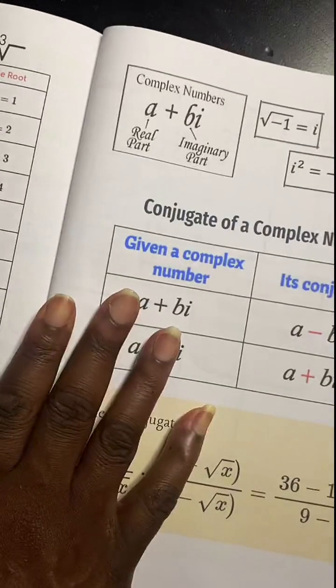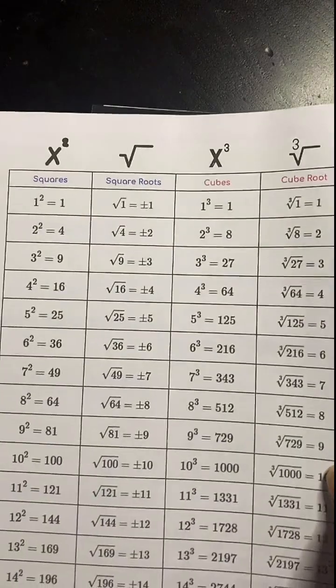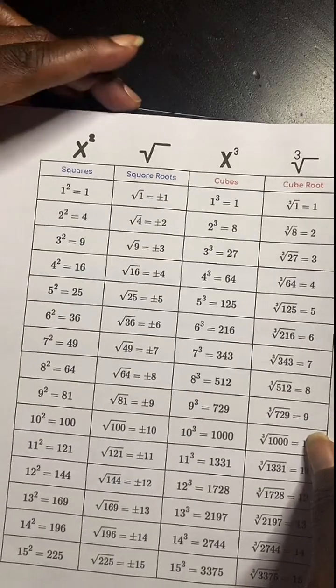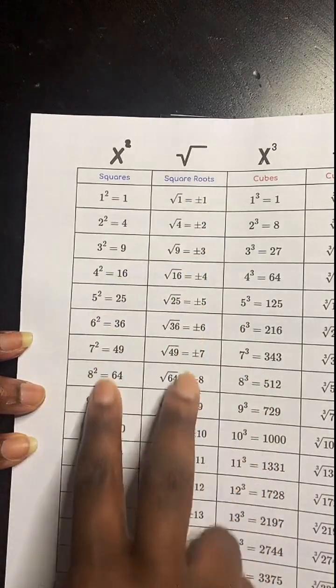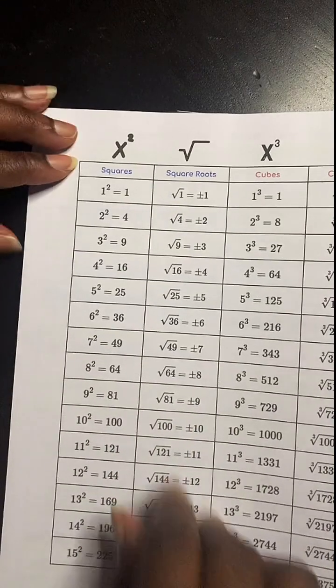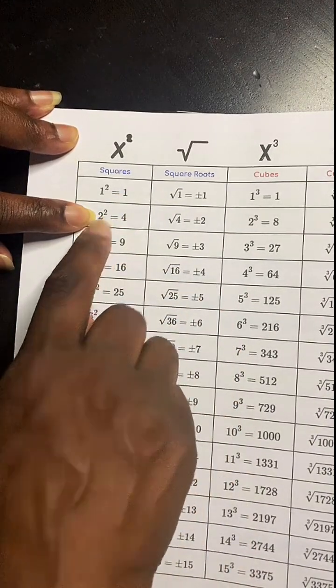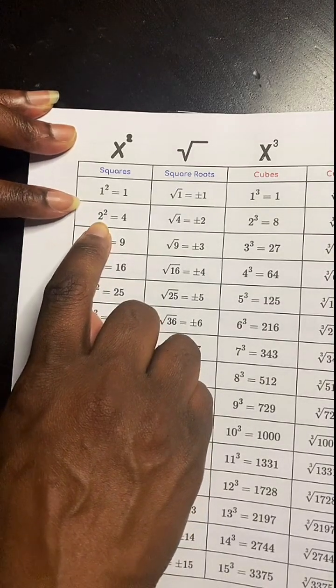Let me show you. All right, this is my handy dandy notebook. And let me show you about the perfect squares and square roots. So we're looking at these 2 columns right here. So perfect squares is like a number raised to a power of 2. Okay, so this is basically saying like 2 times 2.